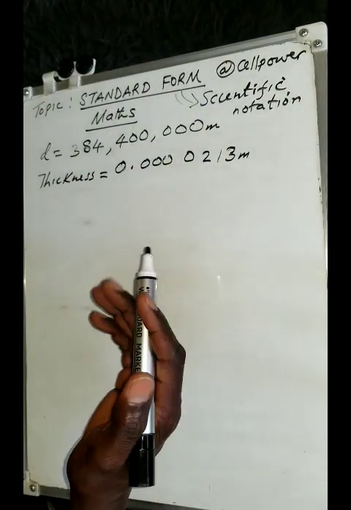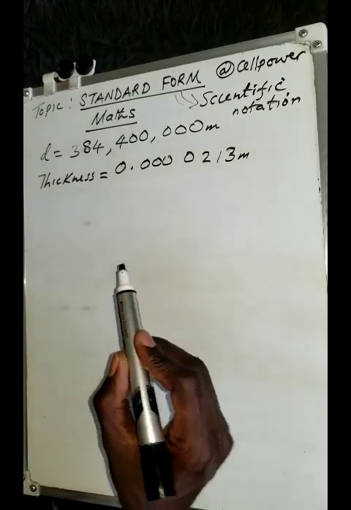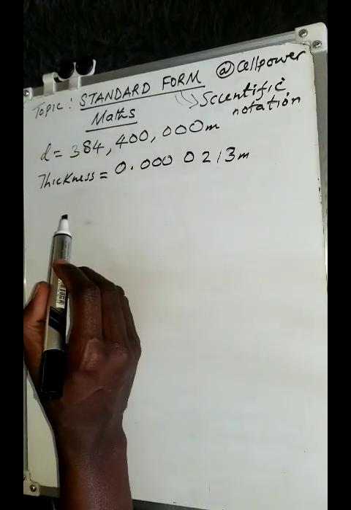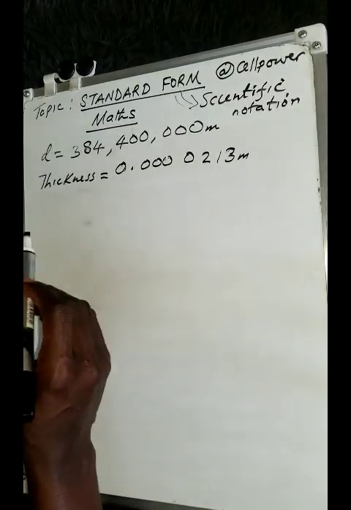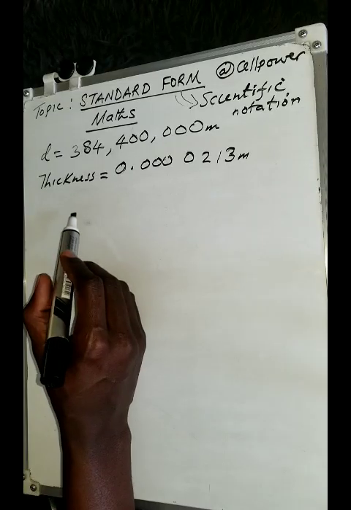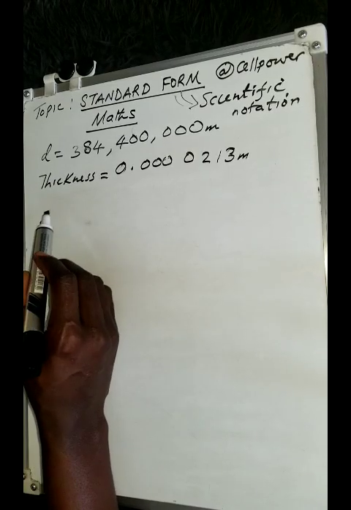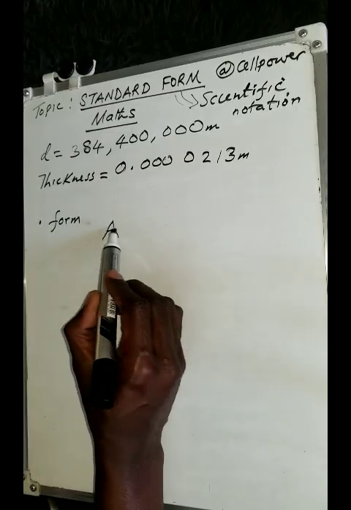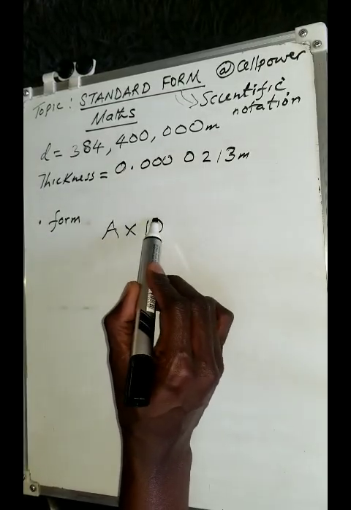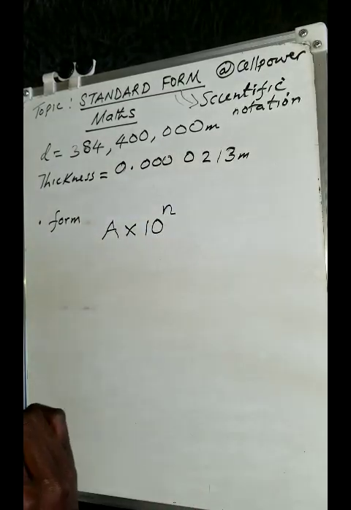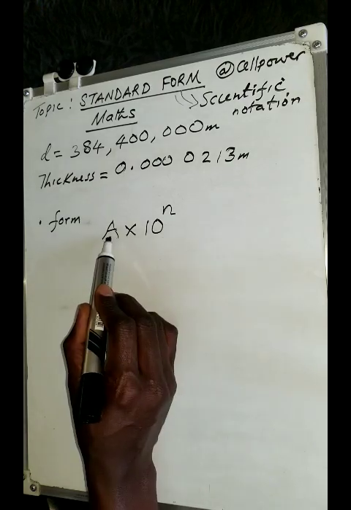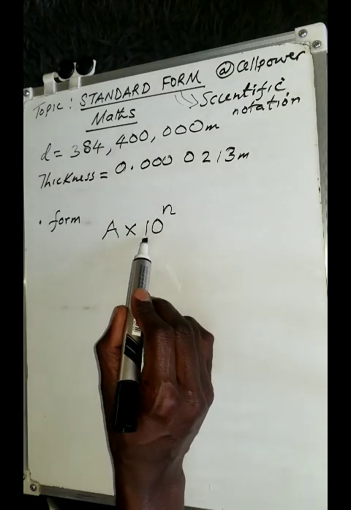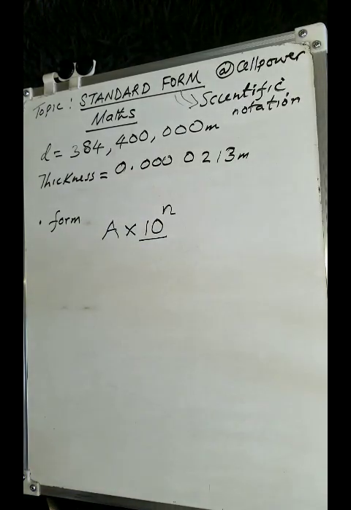Now, what exactly is the standard form? Well, the standard form is when you express a number in the form A multiplied by 10 raised to the power n. Remember, they are in multiples of 10.